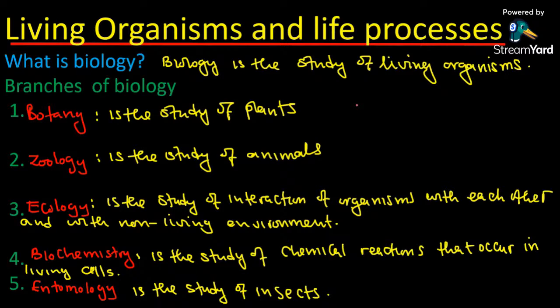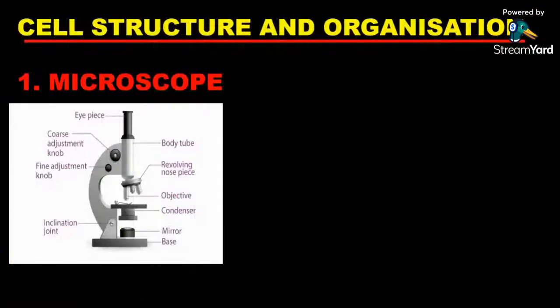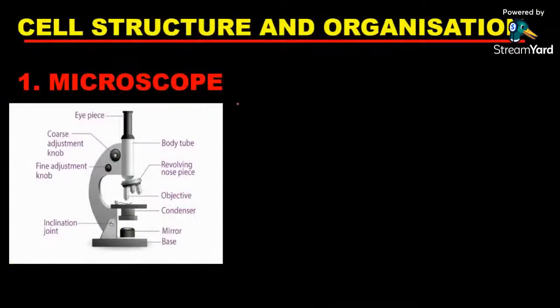Okay, so we start on the microscope. What is important is to look at the parts and the functions. What are the functions of the parts that we have? We're going to start with the eyepiece. What is the function of the eyepiece? As you can see here, the eyepiece is right here.